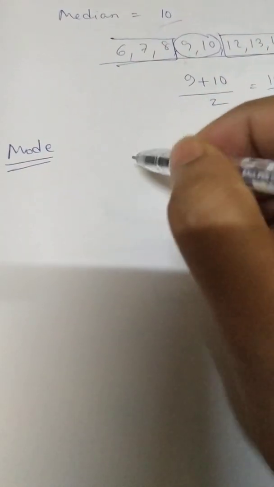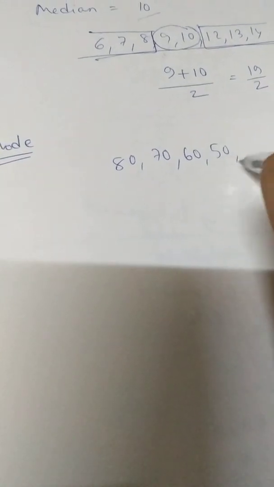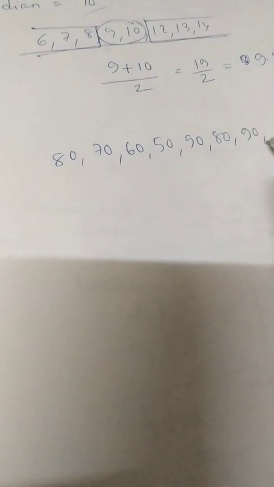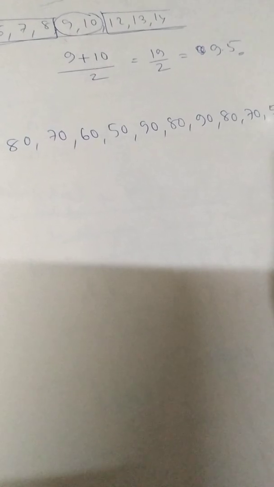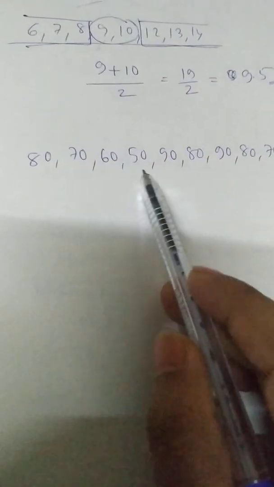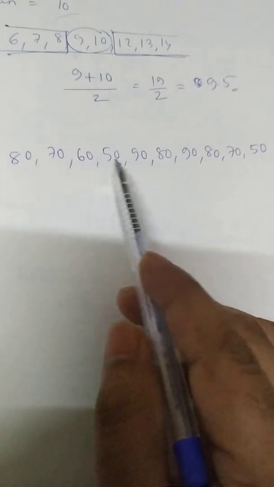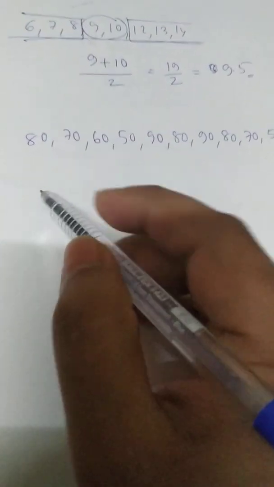Suppose I have different values: 80, 70, 60, 50, 90, 80, 90, 80, 70, 50. First, let's arrange them in ascending order.